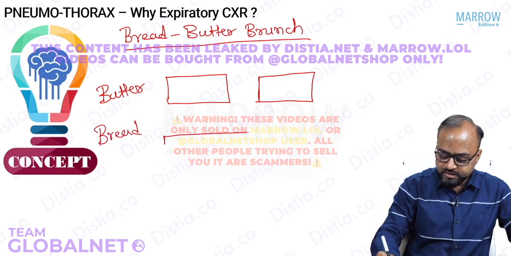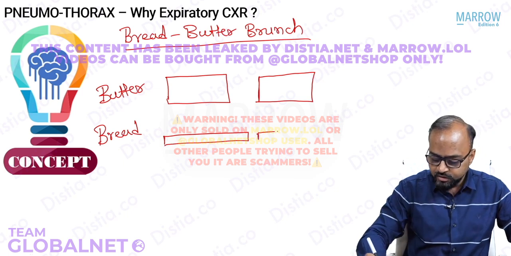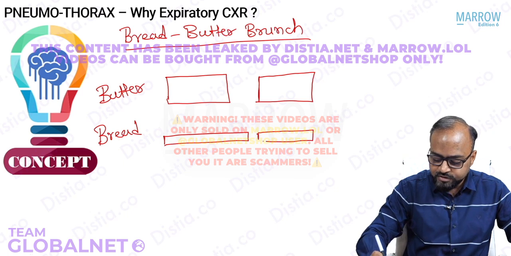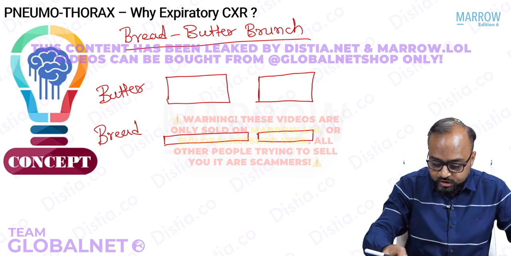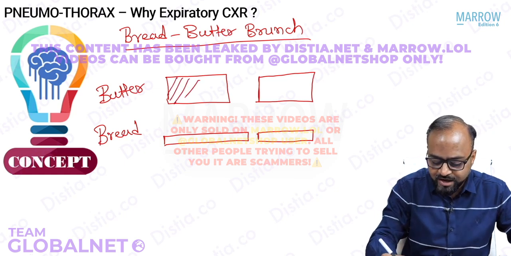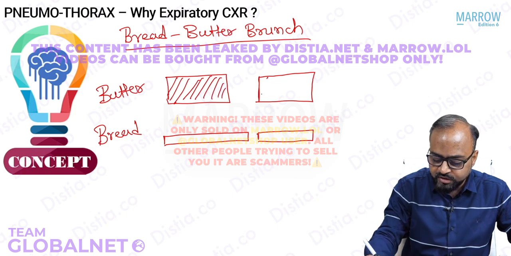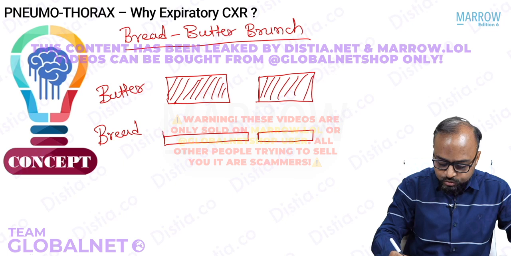One of them is a large regular sized slice, but the other one is only half of its regular size. Now all I want you to do is to coat this butter as a uniform thickness layer on this bread slice. So what will happen? When you coat this butter as a uniform thickness layer on this bread slice, you will get a thin uniform layer like this, because this is a big slice, isn't it?